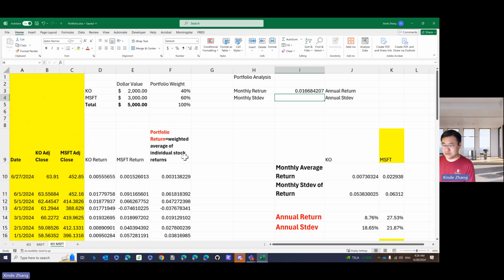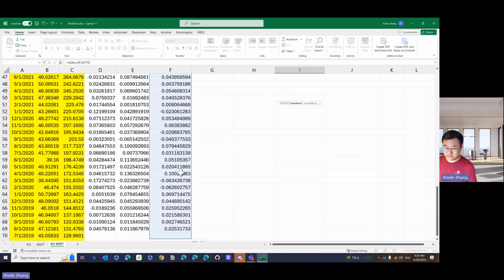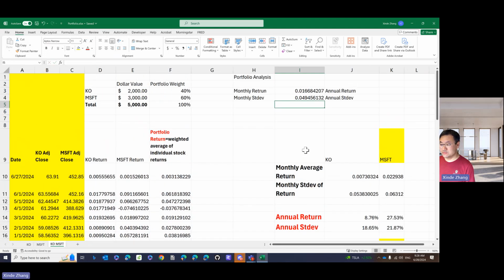And for the standard deviation, we're going to use STDEV.S again. And start to finish without the empty cell. Okay. So those are going to be monthly.